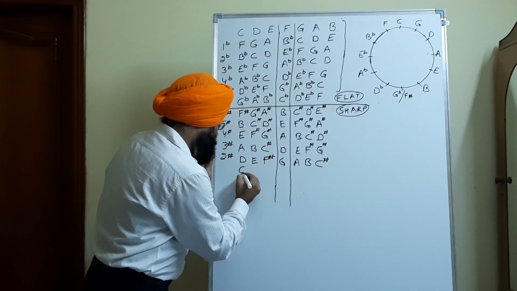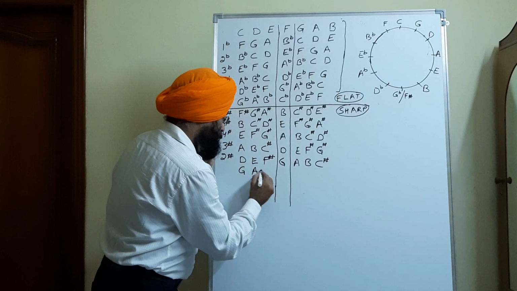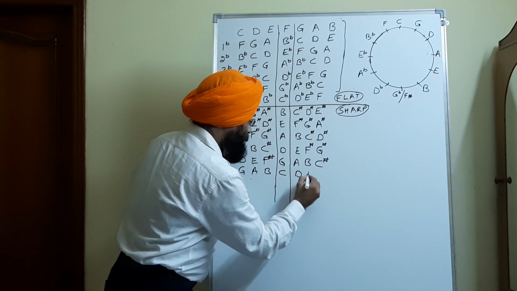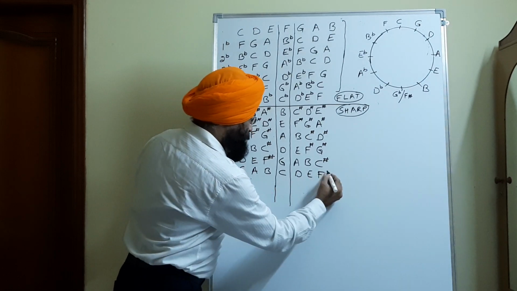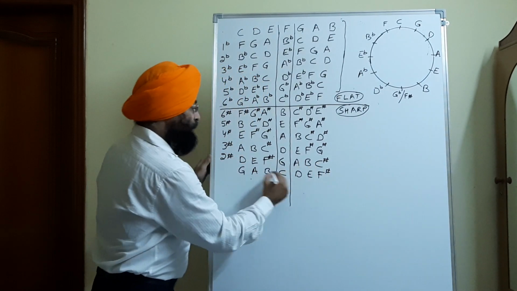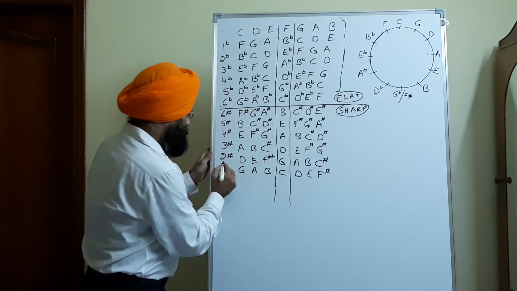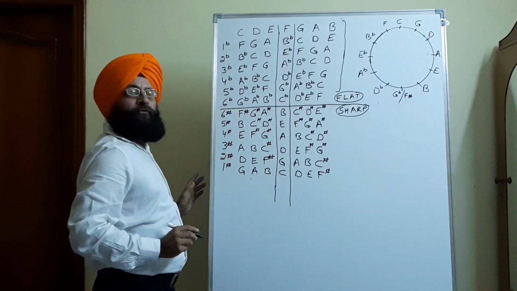Now the next scale is going to start from G, A, B, C, D, E and F. Carry forward the sharps. So F is sharp, C will no longer remain sharp. So you will have only 1 sharp.